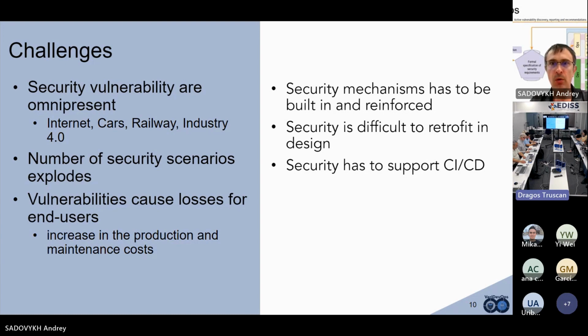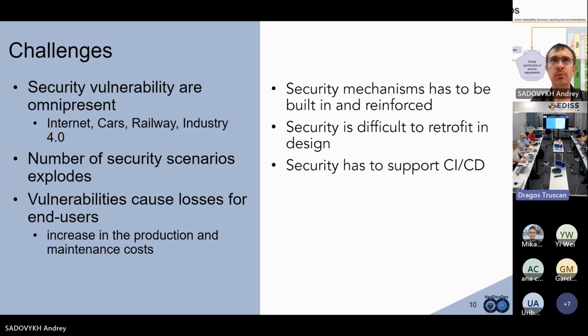So it is often said that security is very difficult to retrofit into design, meaning that design is very important when we consider the system that should be secured.